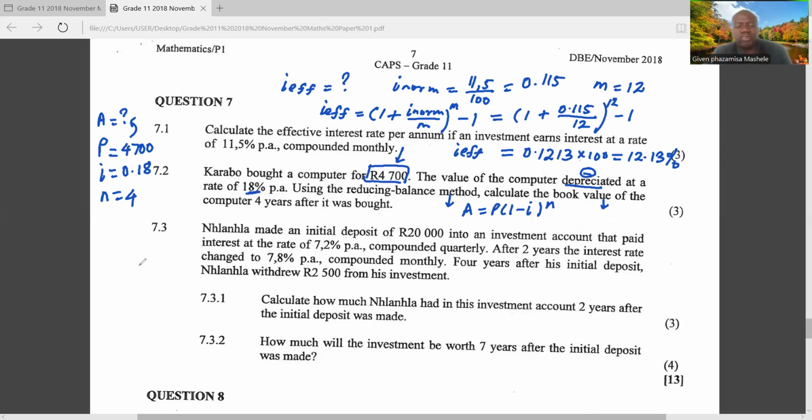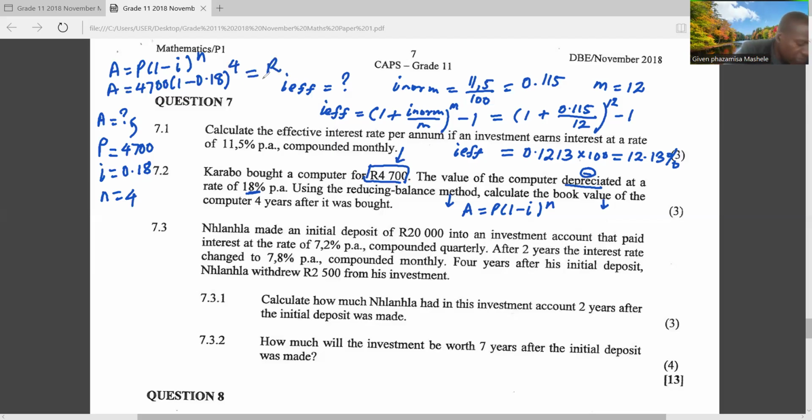So when we want to calculate the book value, we say A equals P into (1 minus i) to the power of n. We want the value of A. We know the P is 4,700. 1 minus the interest, 0.18, to the power of 4. Then we calculate the amount.